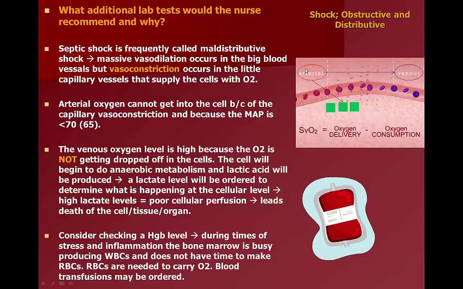If that oxygen, for whatever reason, is not leaving the hemoglobin and entering the cell, you're going to have tissue hypoxia. Therefore, it is always a bad sign when you have an arterial blood gas saturation at 100% and a venous oxygen saturation at 99%.